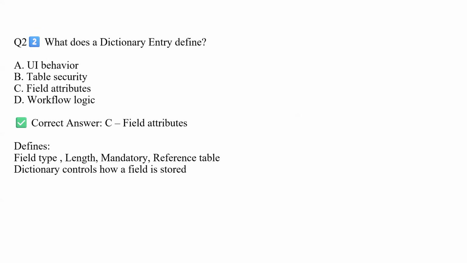Option C, because dictionary entry is a birth certificate of a field. Please remember, dictionary entry is a birth certificate of the field. It defines field type, length, mandatory, read only, default value, choice list. All these are defined by the field's dictionary entry.